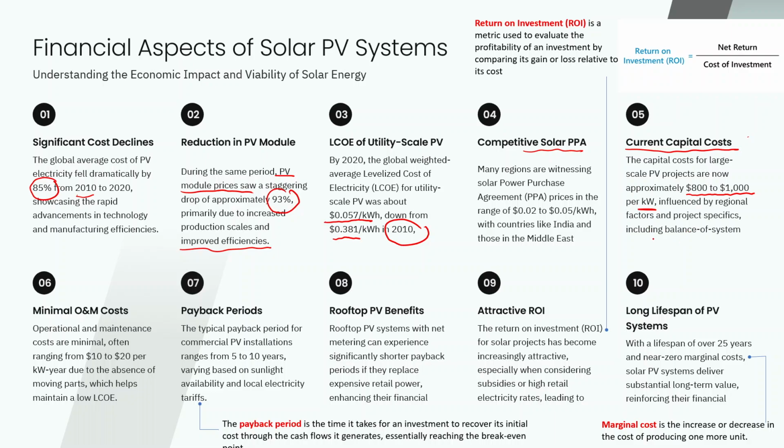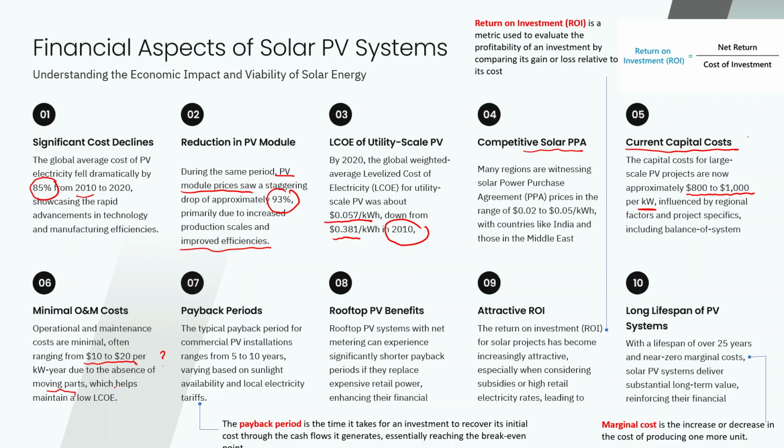So capital cost wise, the PV projects are at the high end, but the operational and maintenance cost ranges from $10 to $20 per kilowatt per year. You can see it's at the lower end, a low value, basically due to the absence of moving parts like generators and so on.